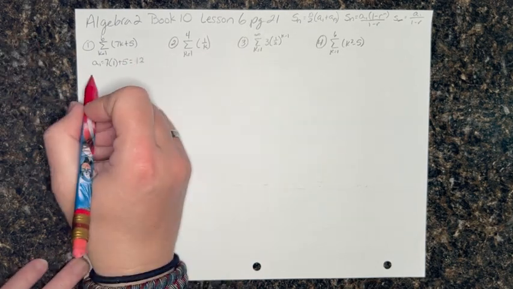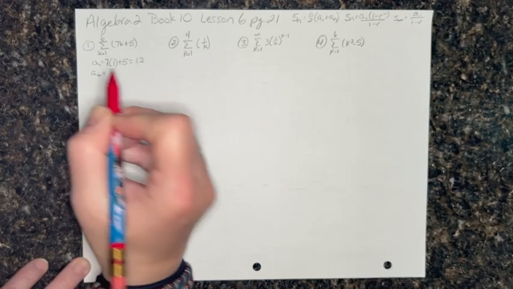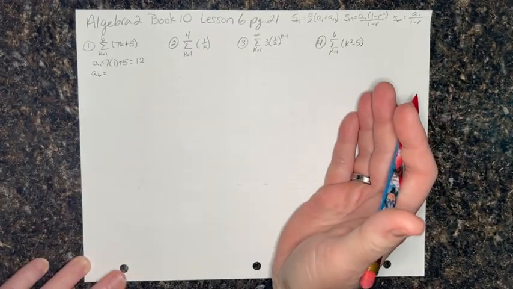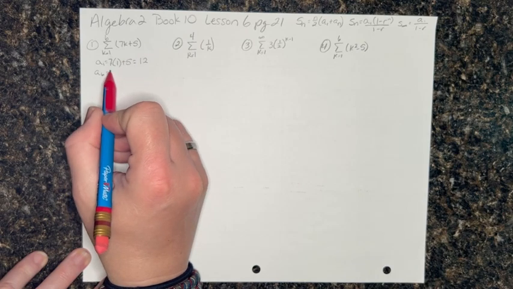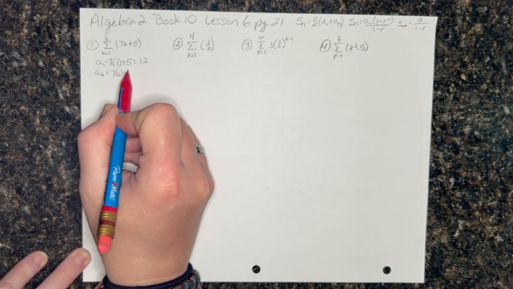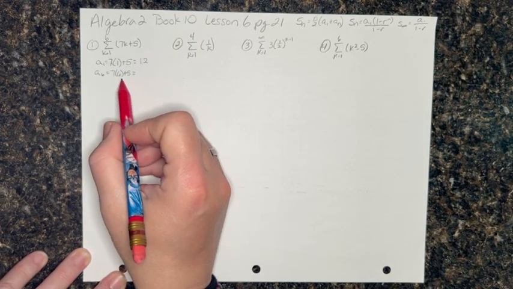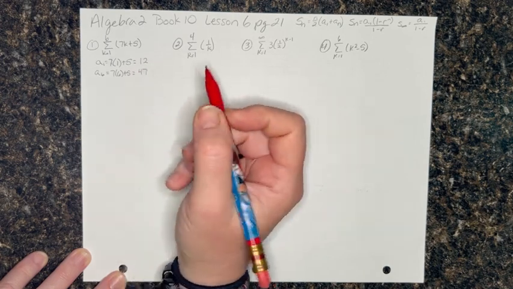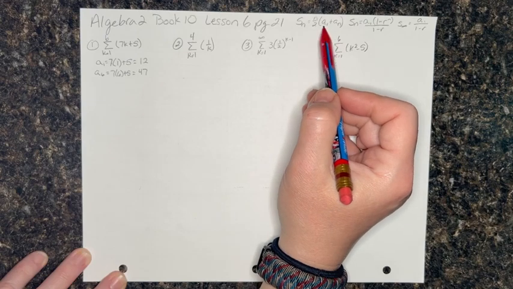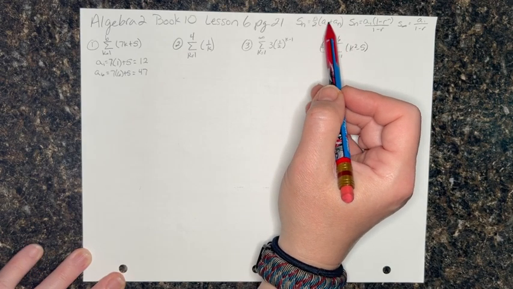All right. My a sub 6, which is the end of our series that we're trying to sum up, is going to be 7 times 6 plus 5. Now 7 times 6 is 42 plus 5 is 47. So we now have the a sub 1 and the a sub 6 that we needed.